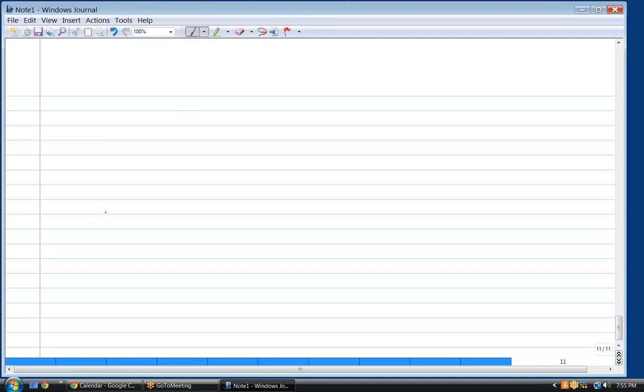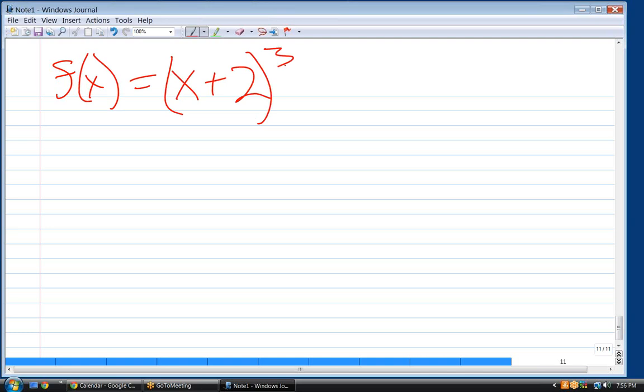If f of x equals (x plus 2) cubed, find the inverse. How do we find inverses of functions? It's a two-step process.